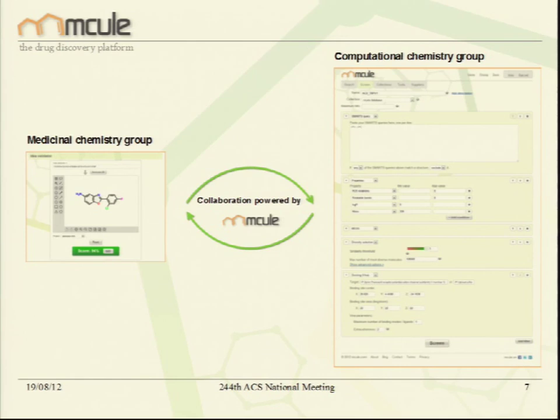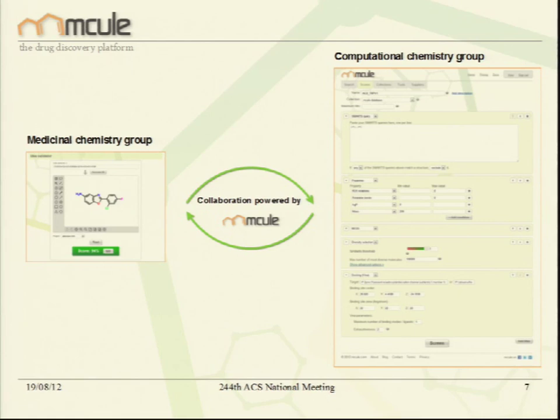So this part can be designed by the computational chemistry group, and of course we have some suggestions, but this is the part where business rules can be applied, and of course all the sites have their ideas how this should be done. But basically, the computational chemist can build up a model. He can put simple filters together.